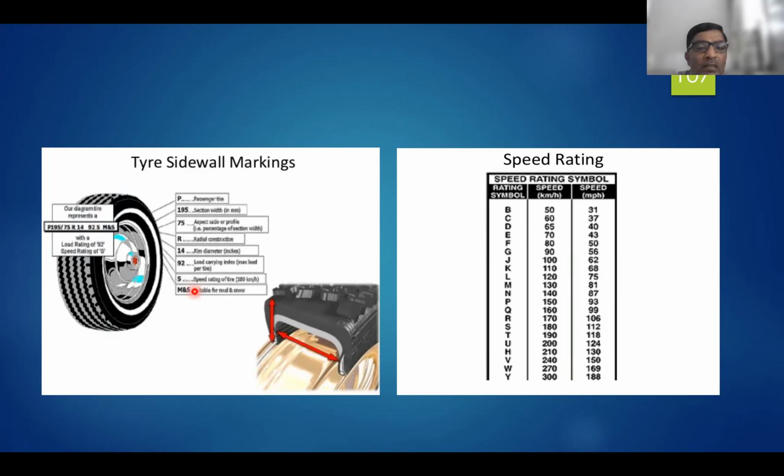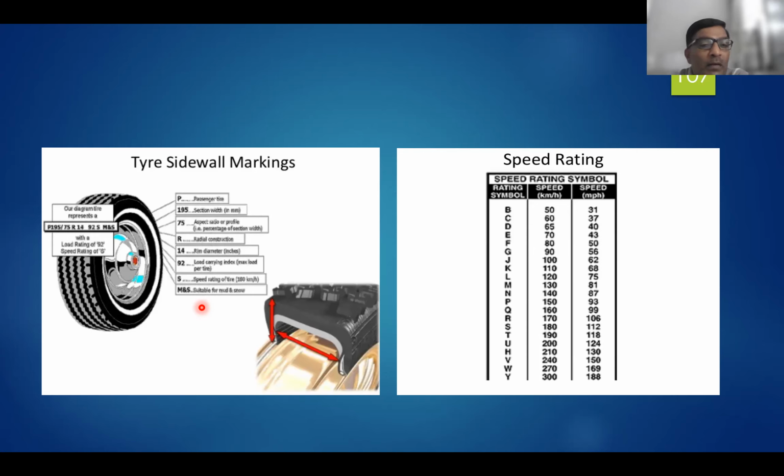Then S is nothing but the speed rating of the tire, 180 kilometers per hour. And this M and S means it is suitable for road and for mud and snow road. So that is mentioned on the tire sidewall. That is the designation for that particular tire.